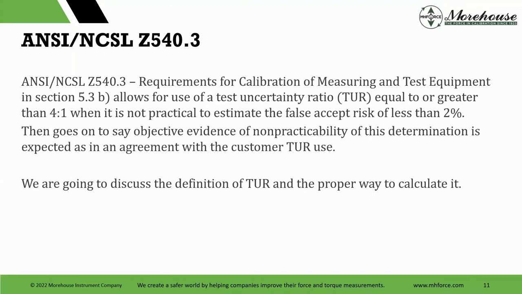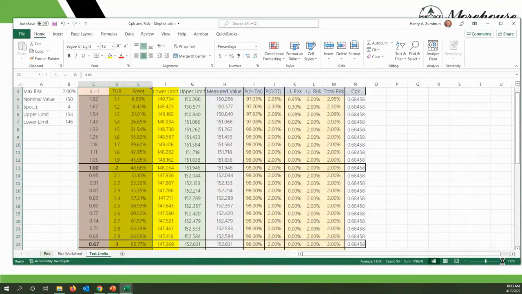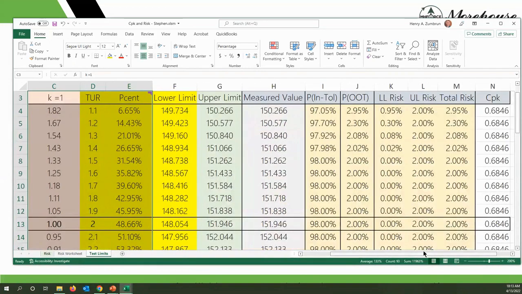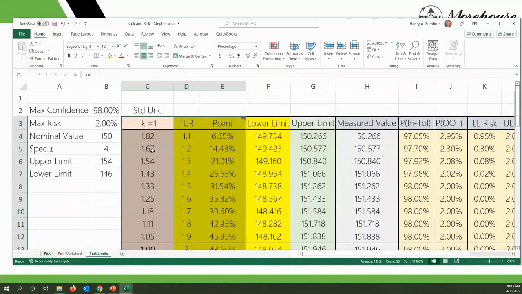So I'm going to show people something, and I was debating today when to do it, but I'm going to do it now because it's fresh in my head. So I'm going to show people something. And if you look at this, before we get into the calculation of TUR, if you look at this sheet, and I just want you to look at this, K equals 1, right, TUR of 1:1.